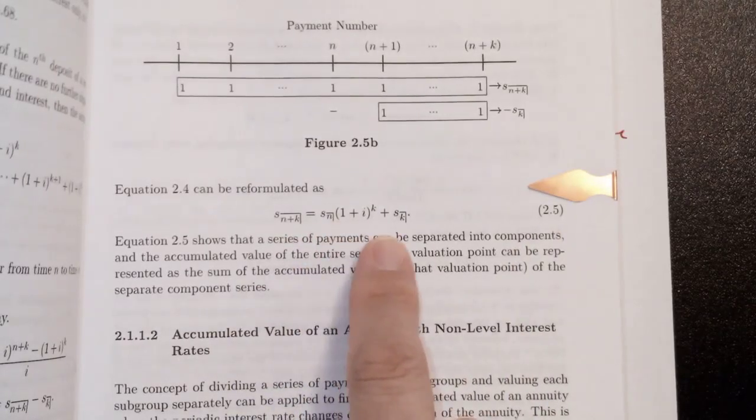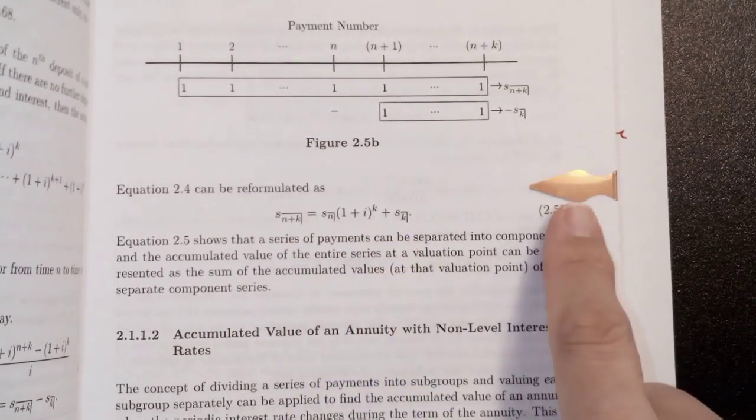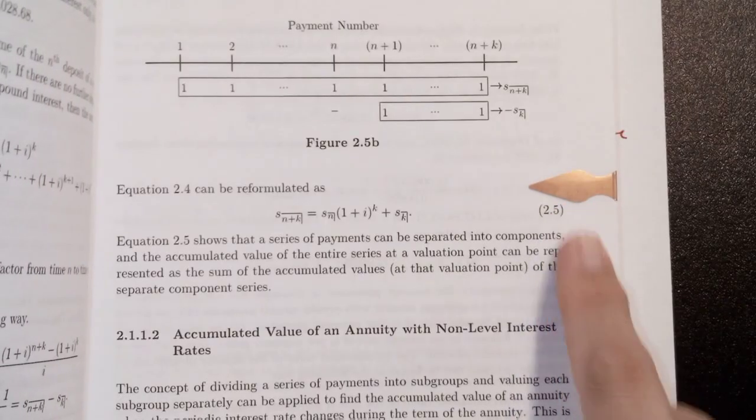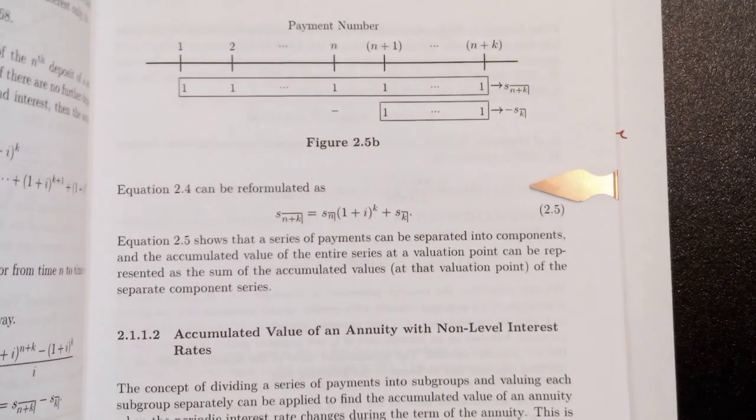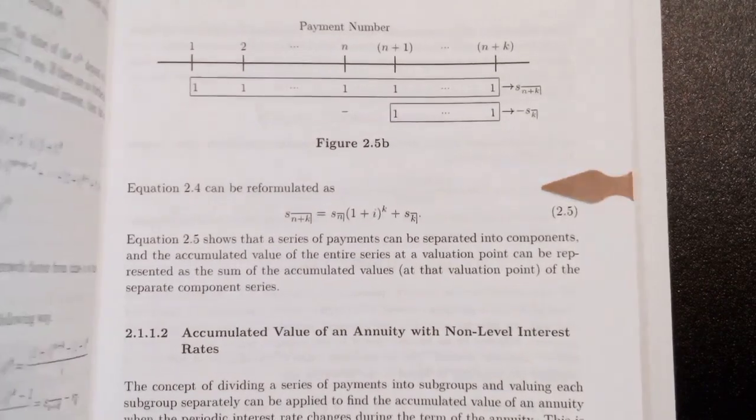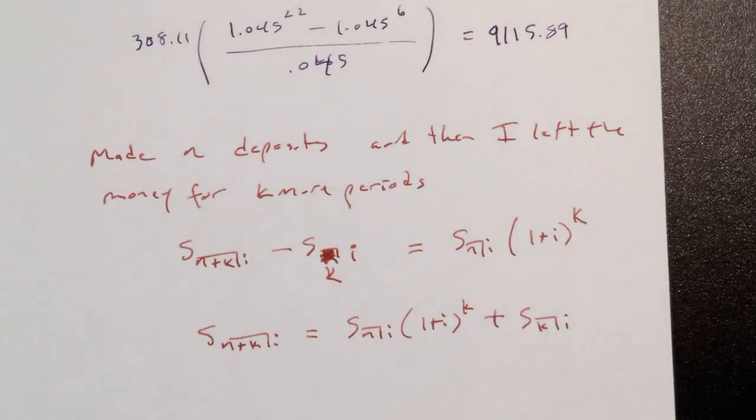S(n+k), S(n) plus S(k). I put this little arrow in there so I'd be able to find it quickly. If the interest rate changes, then what I could do is I could make subgroups of payments and say all of these payments were made at interest rate 1, and then these payments were made at interest rate 2, these payments were made at interest rate 3, and I can bring them forward in time to match.